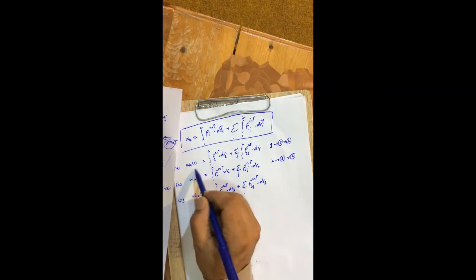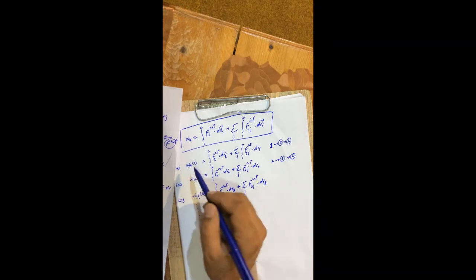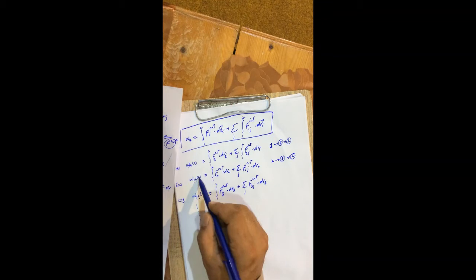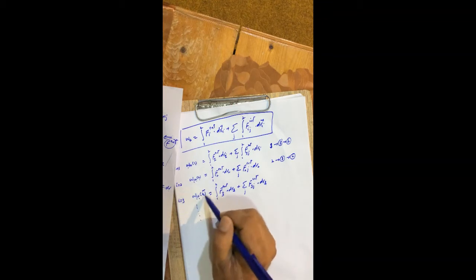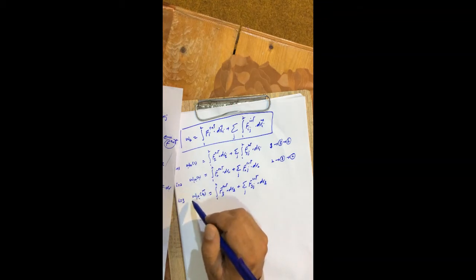So we have to calculate the work done in moving particle 1 from 1 to 2, and this is the work done in moving particle 2 from position 1 to 2, and this is the work done in moving particle 3 from position 1 to 2.